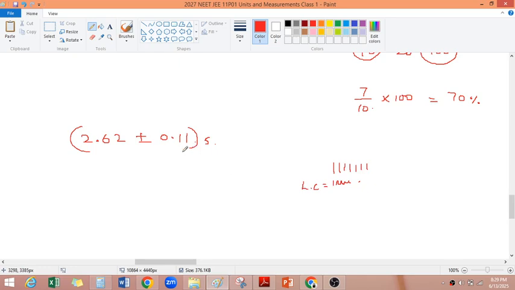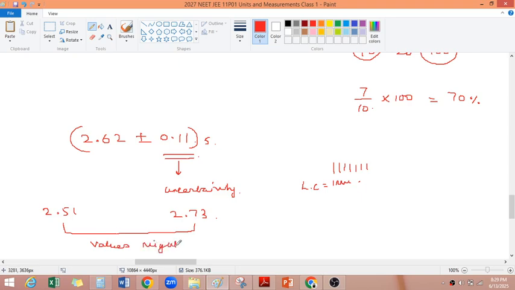Similarly here, this is the uncertainty. What it means is there might be some error. This 2.62 may not be perfectly correct. It can be 2.73, or it can be minus also, so it will be 2.51. So the values might fall within this range.